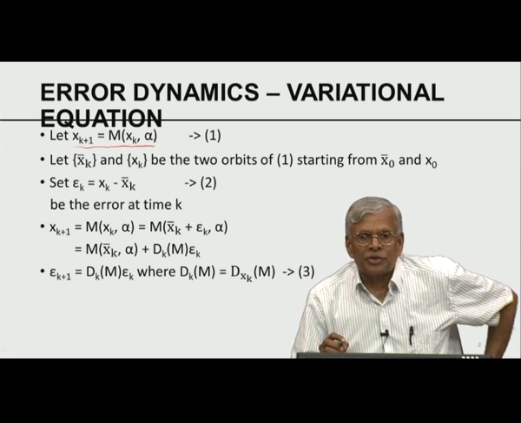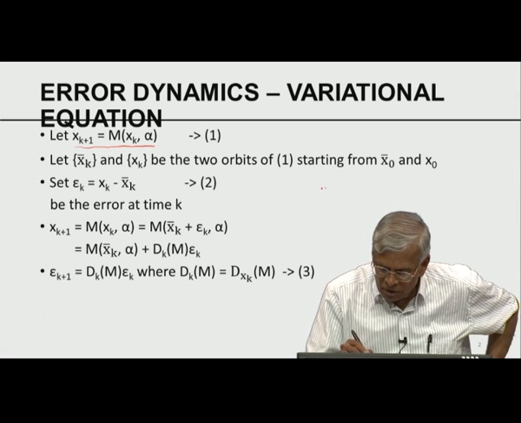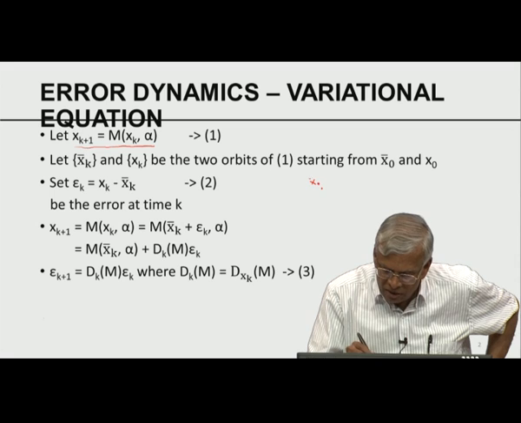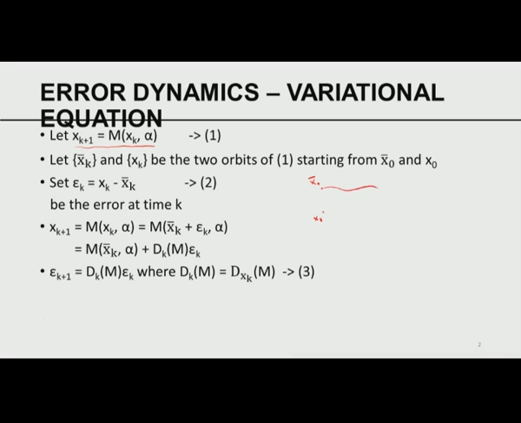Now let us consider the model running from one state called x_0 bar, and another state called x_0. So that is one prediction, there is another prediction. The trajectories are also called orbits.